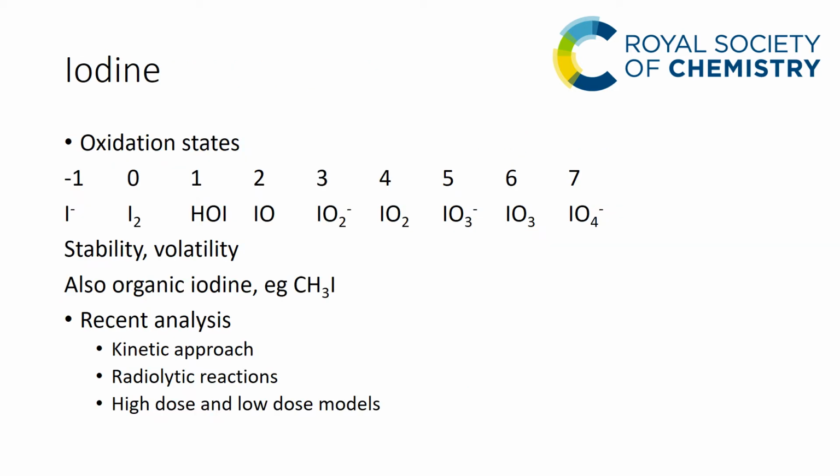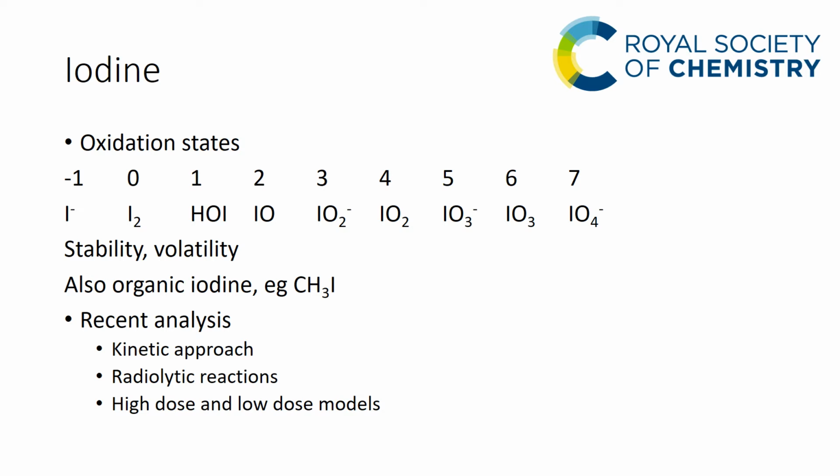So coming back to iodine, this can exist in many oxidation states ranging from -1 to +7. Examples of these species are shown here, some of which are stable, like I-, I2, HOI, its hydrolysis product. Then there's iodate, oxidation state +5, and periodate, oxidation state +7.